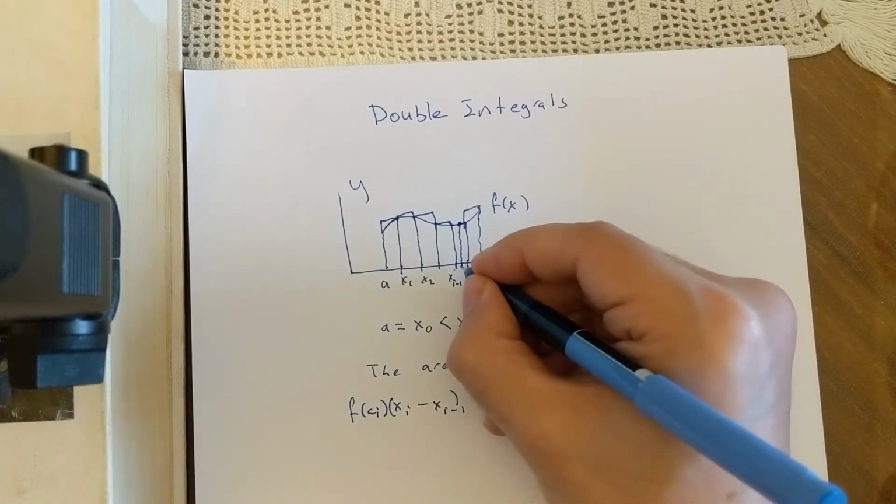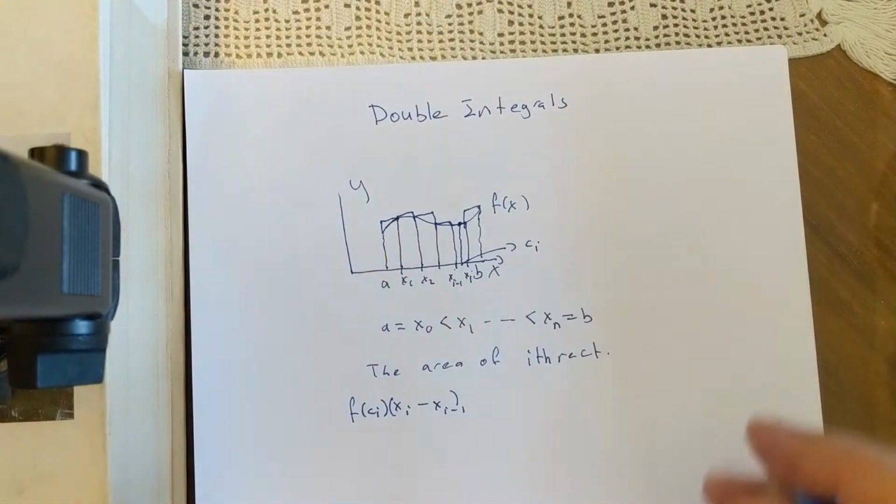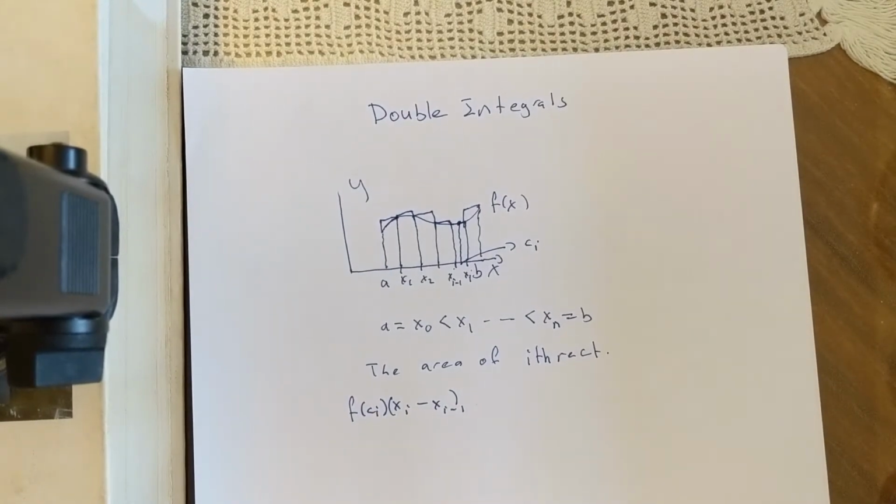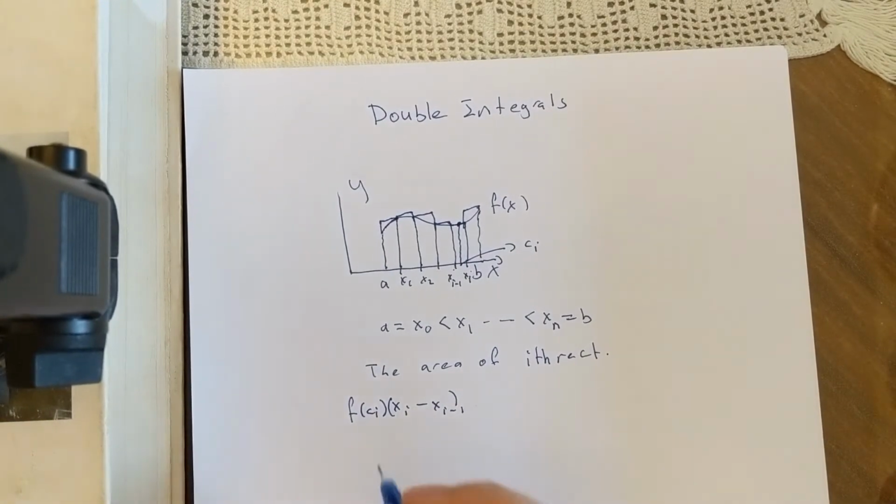So here c sub i is this point anywhere between x sub i and x sub i minus 1. It doesn't really matter. Okay, so the idea is we want to add these up.